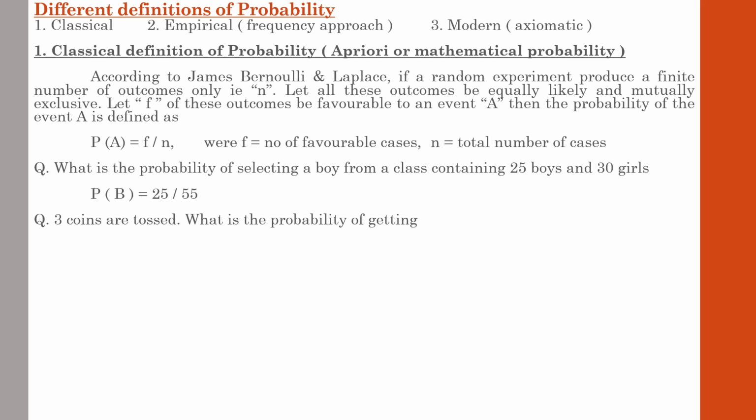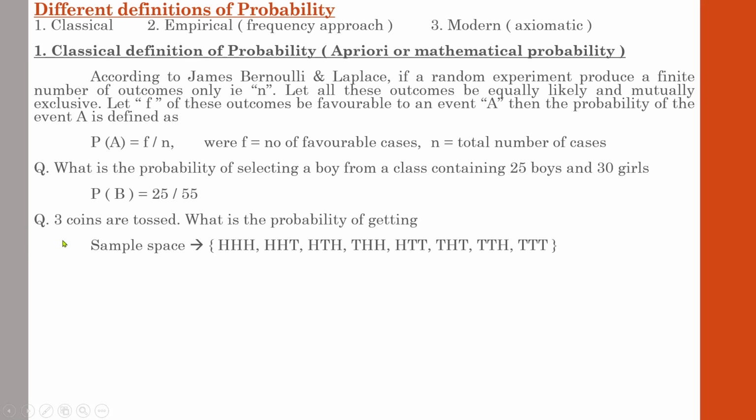But whenever there are more than 2 events, that is, two coins are tossed, 3 coins are tossed, or 2 dice are thrown, 3 dice are thrown, whenever you come across such a question, before you go into the application part, try to write down the events like this.